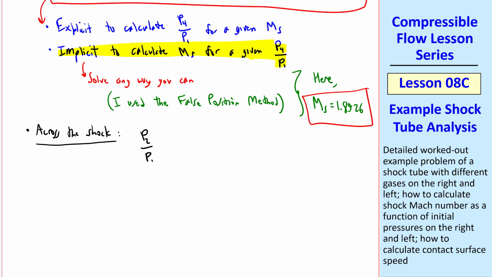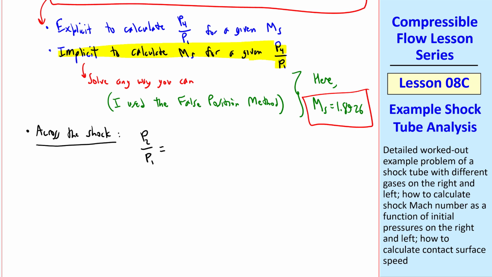We know that P2 over P1 for a moving shock was 2 gamma 1 ms squared minus gamma 1 minus 1 over gamma 1 plus 1. And notice that we're using gamma 1 since the shock is entirely in gas 1. Regions 1 and 2 are in gas 1.